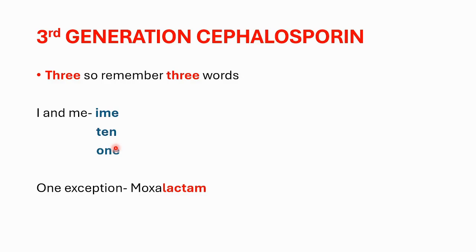So the exception to this rule is our bold letter, we discussed the C, and the next letter was L. The L stands for lactam and its full form is moxalactam. So this says that the cephalosporin which has the suffix IME, TEN and ONE belongs to third generation cephalosporin, and our exception is moxalactam. Though it doesn't have the suffix IME, TEN or ONE, it falls in third generation cephalosporin.